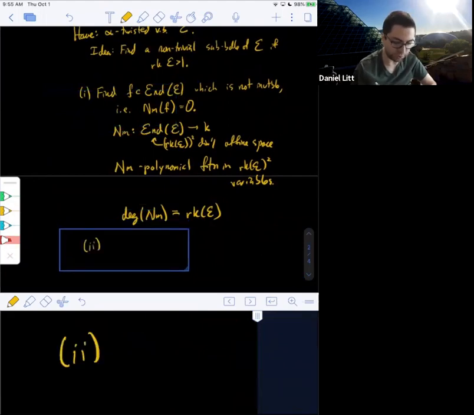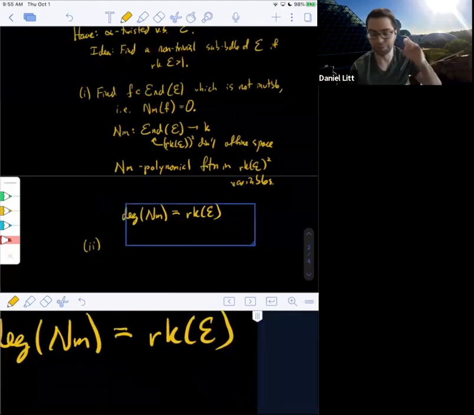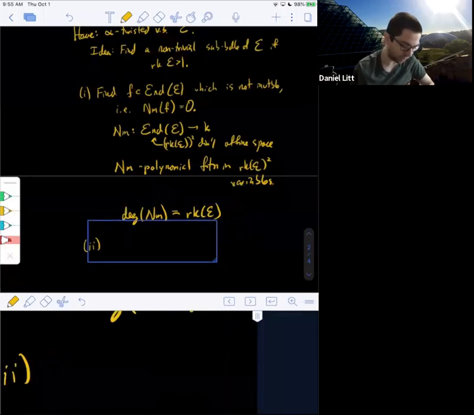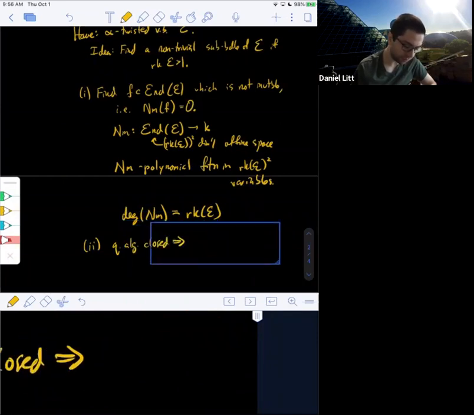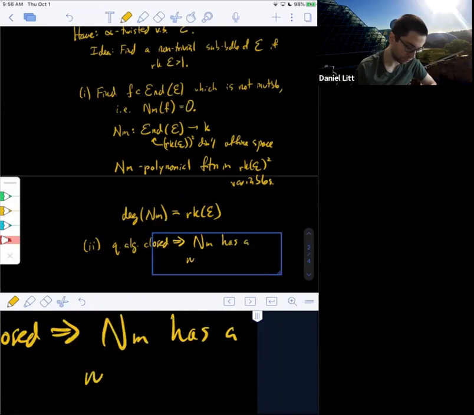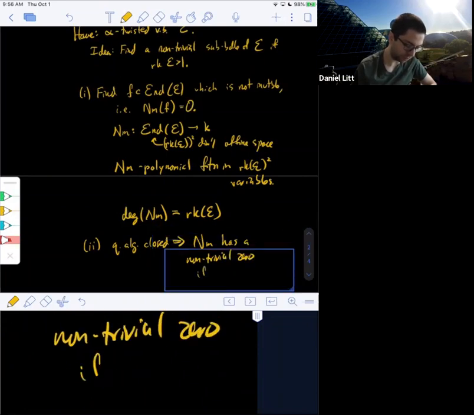we're going to argue, well, we have this function. It's homogeneous, right? Because the determinant is homogeneous. It's in rank E squared variables, and it has degree rank E. So this means that quasi-algebraically closed implies that norm has a non-trivial 0, if the rank is bigger than 1.